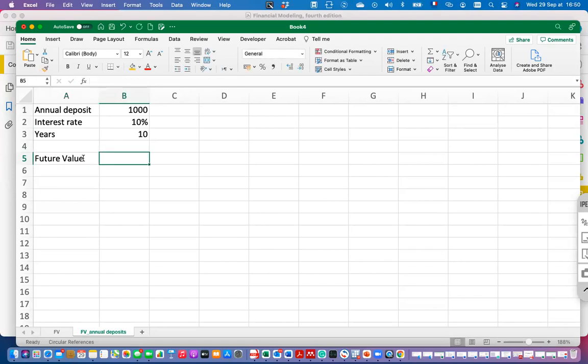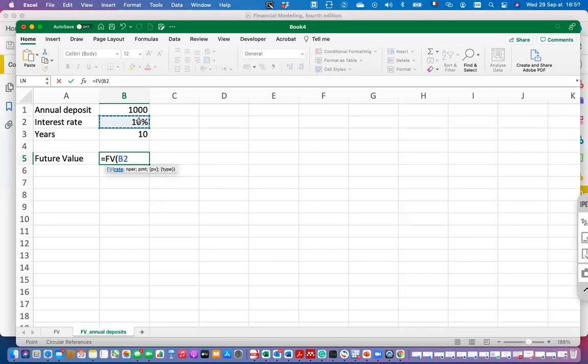In such a case, you can use the FV function. Type equal FV, and automatically Excel will propose the FV function. You click on it, and then you fill the function with inputs. The first input is the rate, which is 10%.